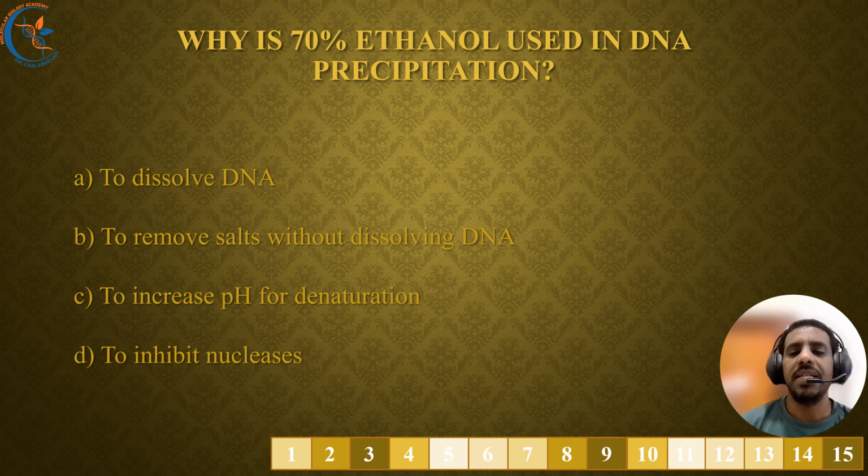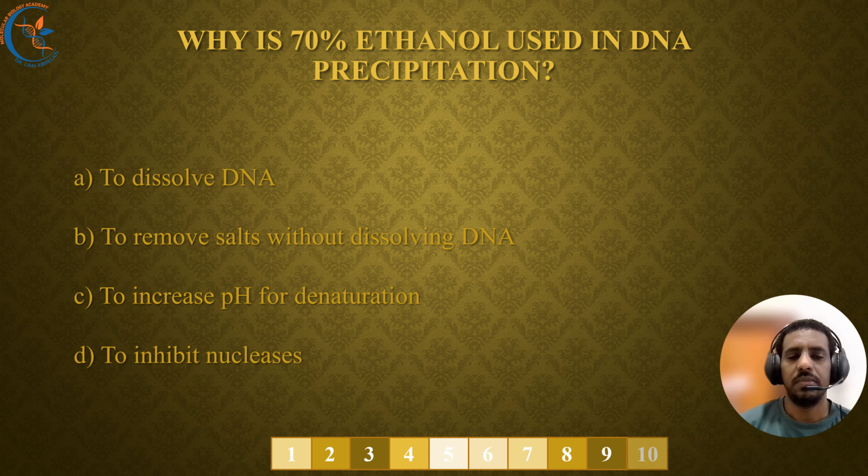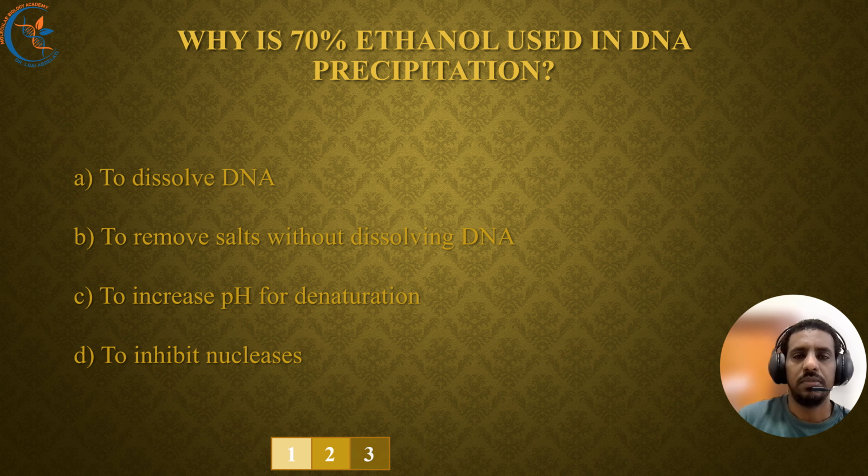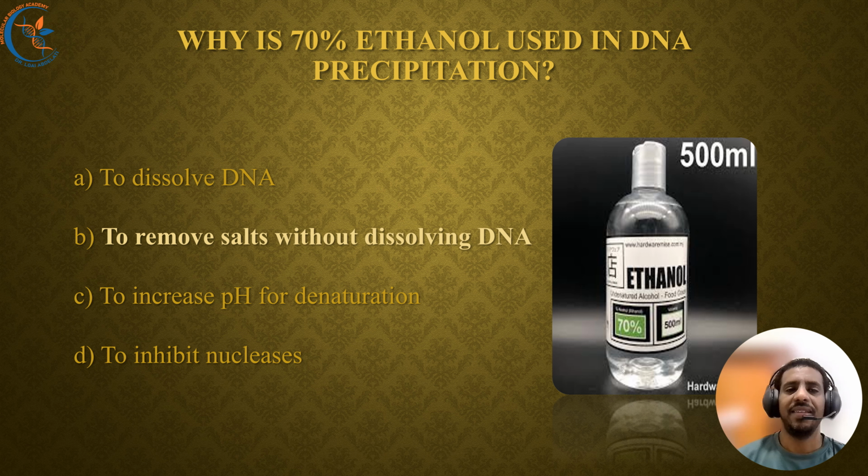Why is 70% ethanol used in DNA precipitation? The correct answer is to remove salt without dissolving DNA. Actually, 70% ethanol effectively washes away salt while keeping DNA insoluble.